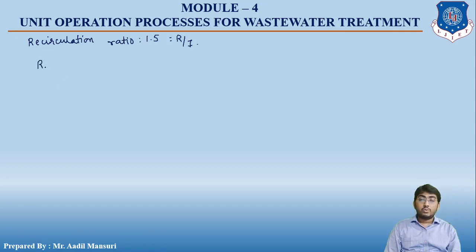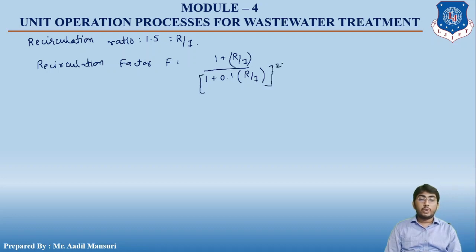Okay, so recirculation factor F will be equals to 1 plus R by I upon 1 plus 0.1 into R by I, whole square.